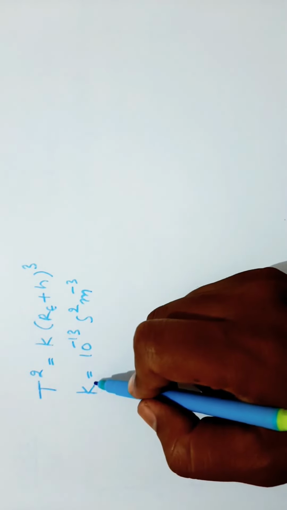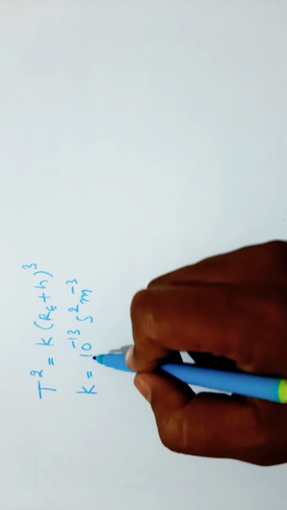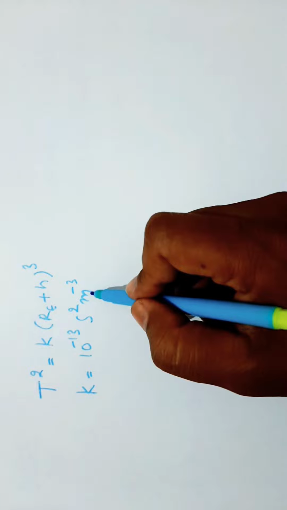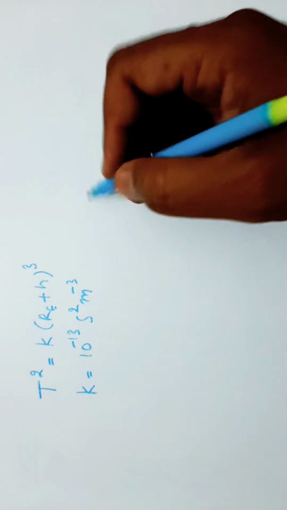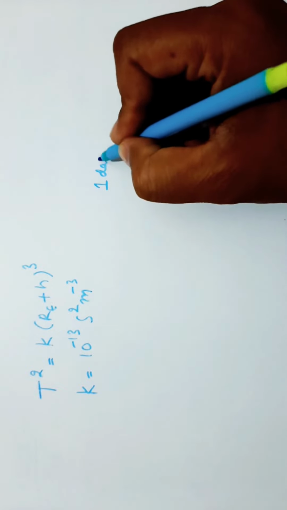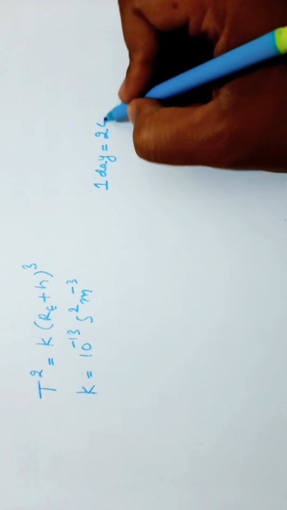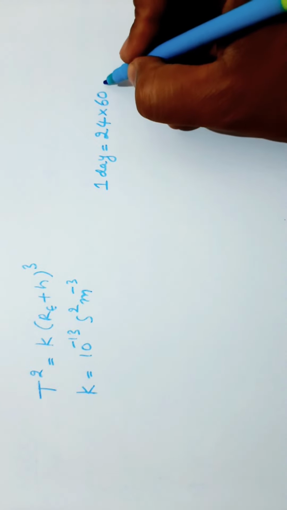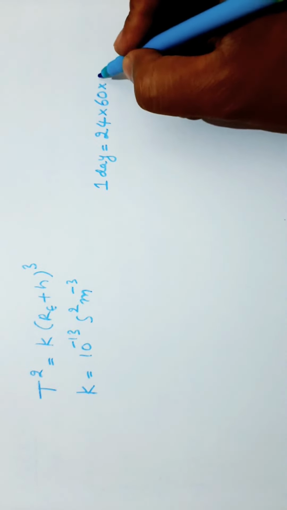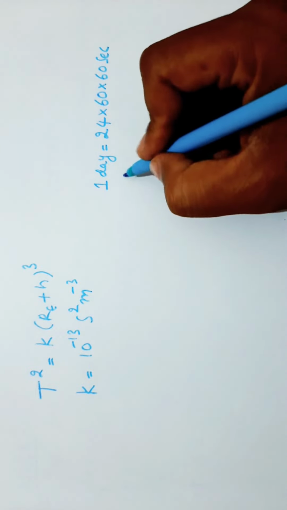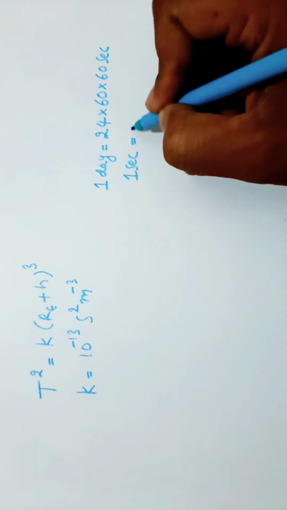Here the question is, k convert into days and kilometers. Here we know 1 day is equal 24 hours. So 1 hour is equal 60 minutes. 1 minute is equal 60 seconds. So from this, here 1 second is equal, how we can write?